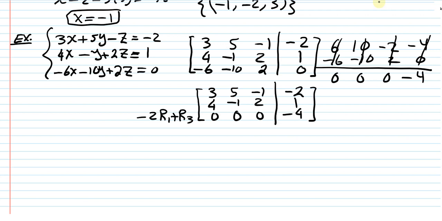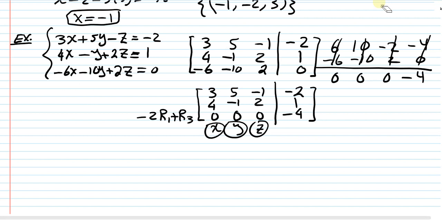And check this out. In the third row, we have zeros on the coefficients on x, y, and z, correct? Remember where the system came from initially, based on x, y, z. So this one just reads 0 equals -4, which is, of course, not true, even on a good day.